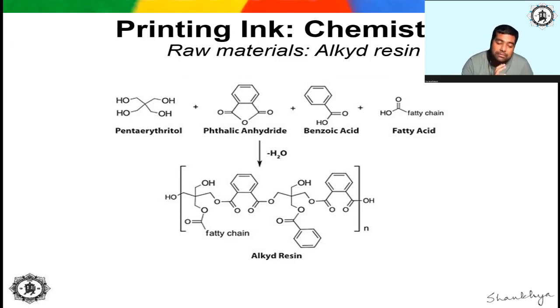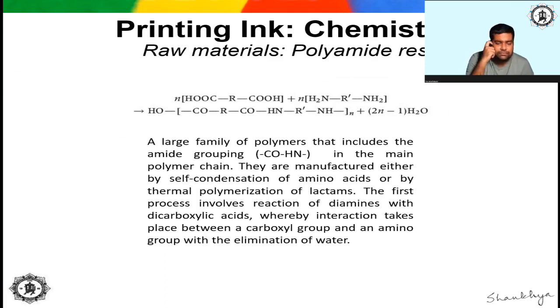This is another family of resins which is used almost in all your film chemistry, which imparts good wettability to the pigment by the vehicle. When we go there, we will be studying all this. Another very useful resin is polyamide resin, containing amide groups.